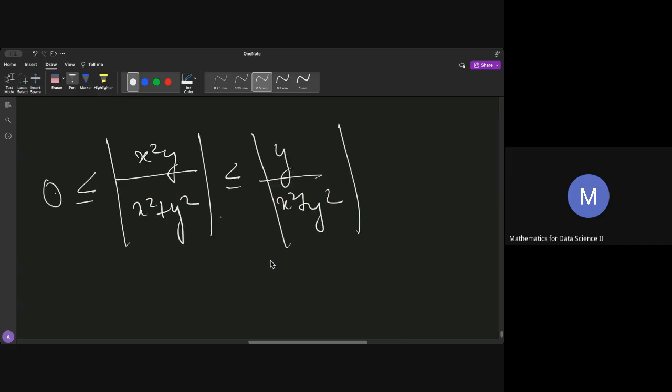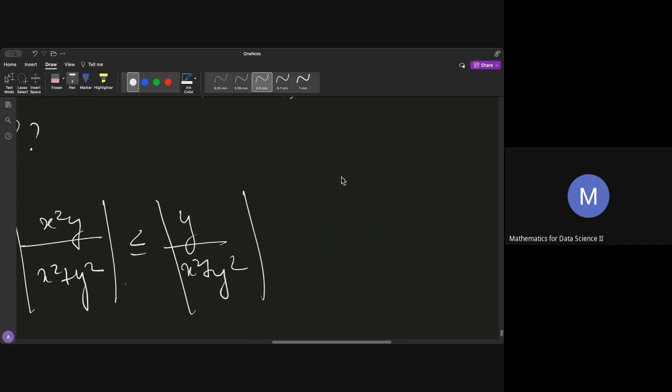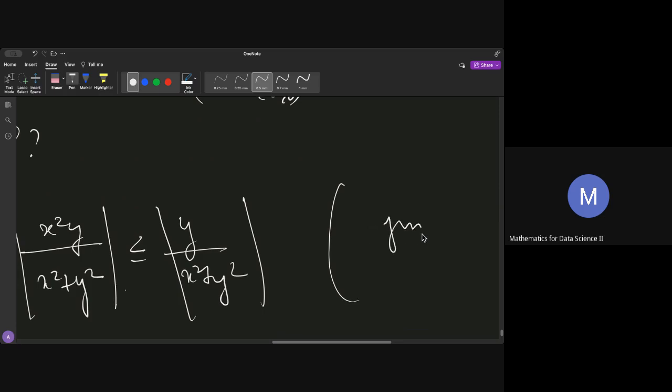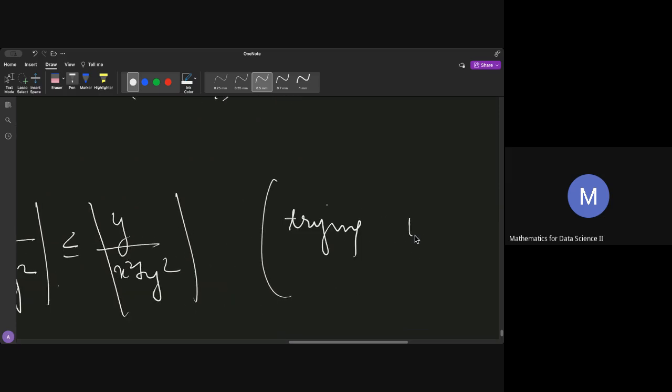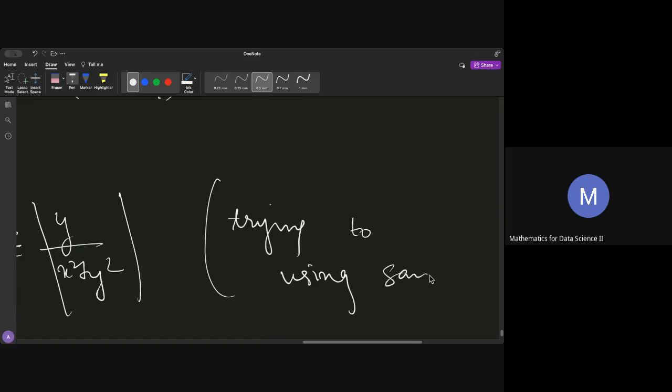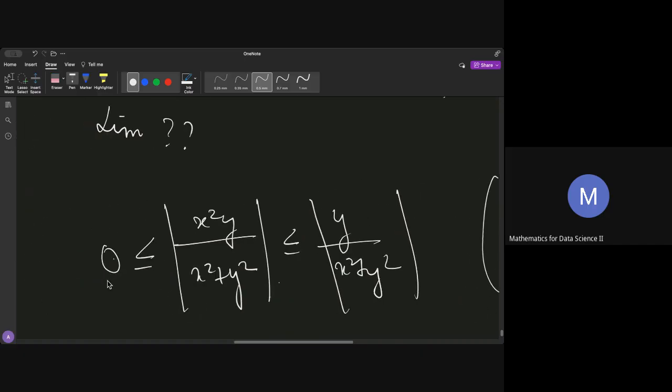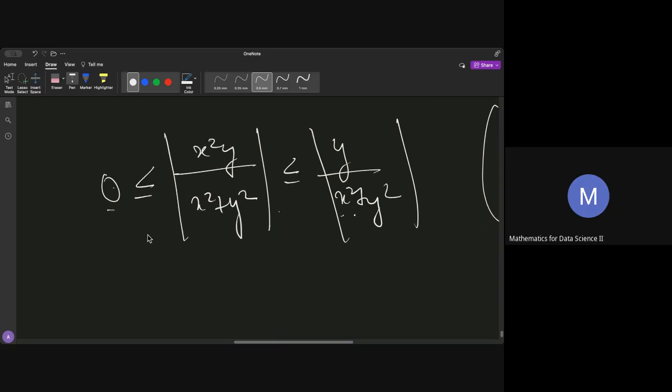Why we're doing this is because we're trying to use the sandwich principle, which says that if your function is sandwiched between two functions where the limit of both of the end functions is the same, then the limit of the function in between should be the same, right? So we're trying to sandwich it between two functions. Now 0 is a function, a constant function, and this is also a function.